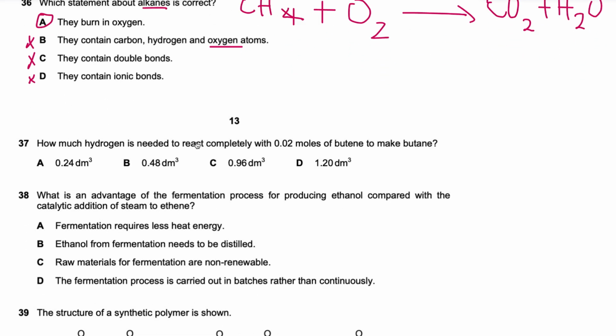Now 37. How much hydrogen is needed to react completely with 0.02 moles of butene to make butane? For this one we have to remember the formula that relates mole and volume.